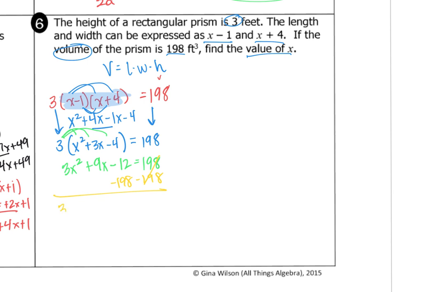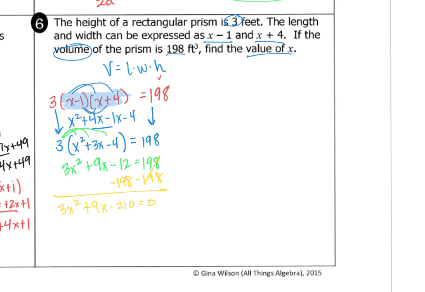So we have 3x squared plus 9x and negative 12 minus 198. Let me use my handy calculator, because I should be able to do this in my head, I just don't want to. That's okay, I like calculators. Minus 198 is negative 210.